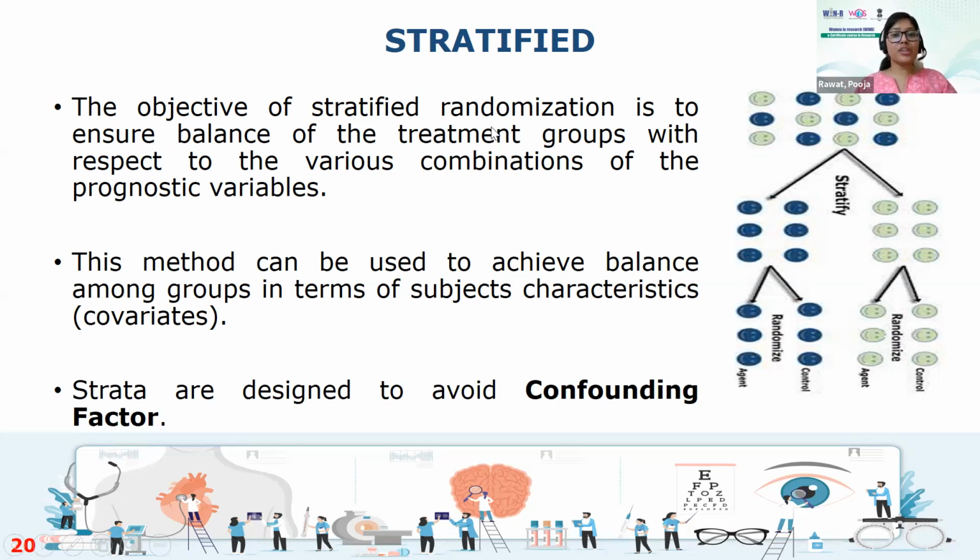The objective of stratified randomization is to ensure balance of the treatment groups with respect to various combinations of prognostic variables. This method can be used to achieve balance among groups in terms of subject characteristics and covariates. So strata are designed to avoid confounding factors. Now I'll give you one example.